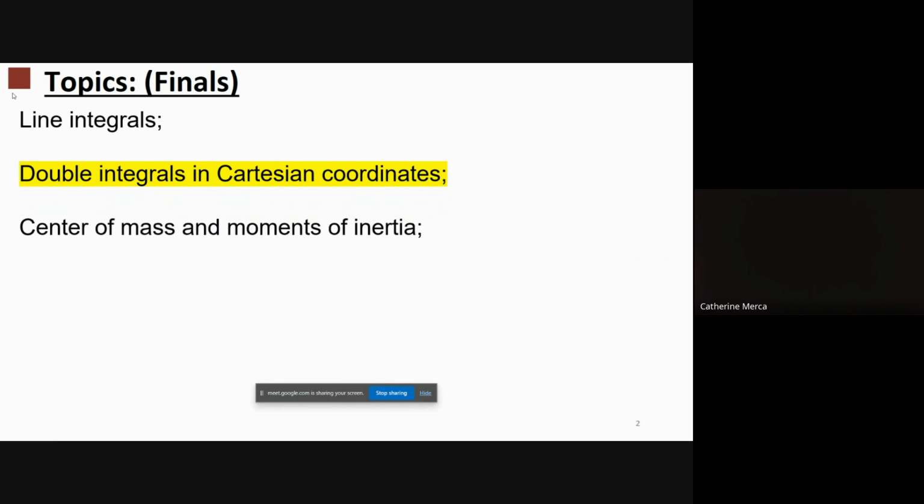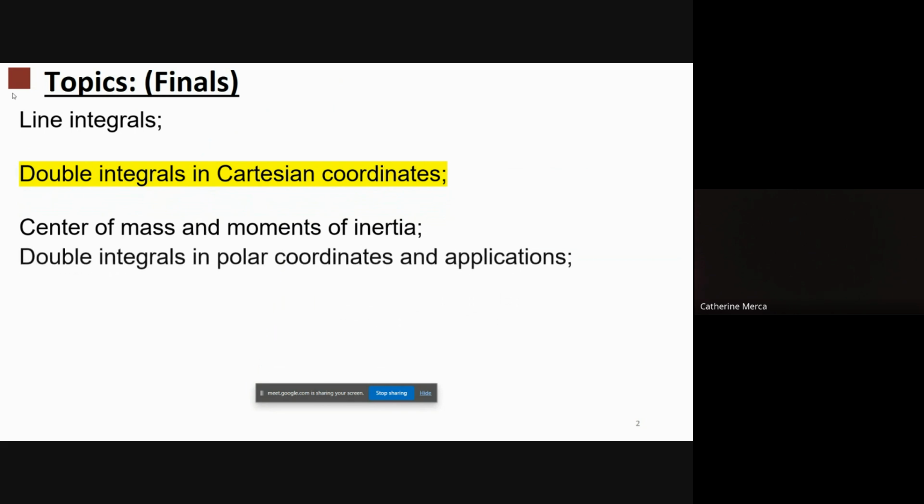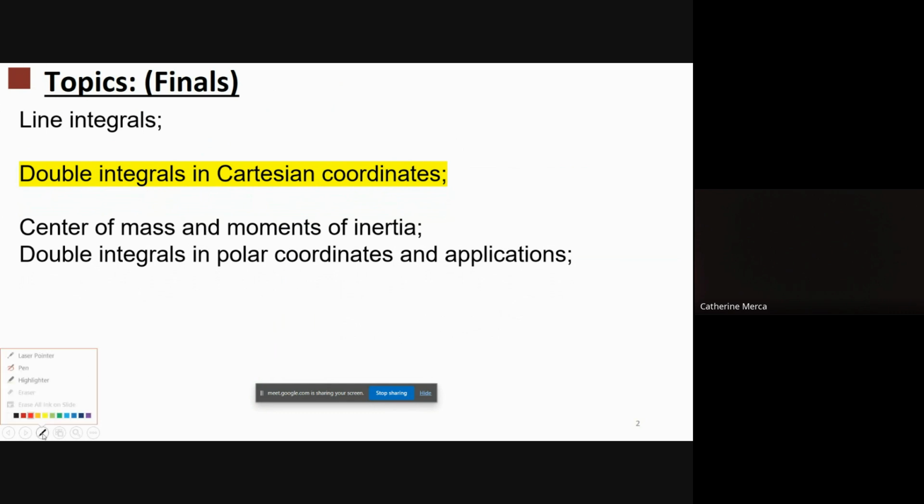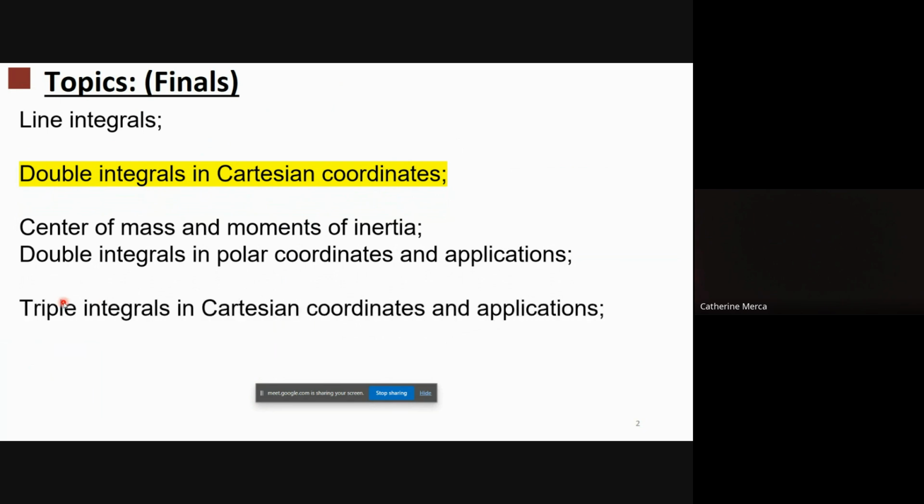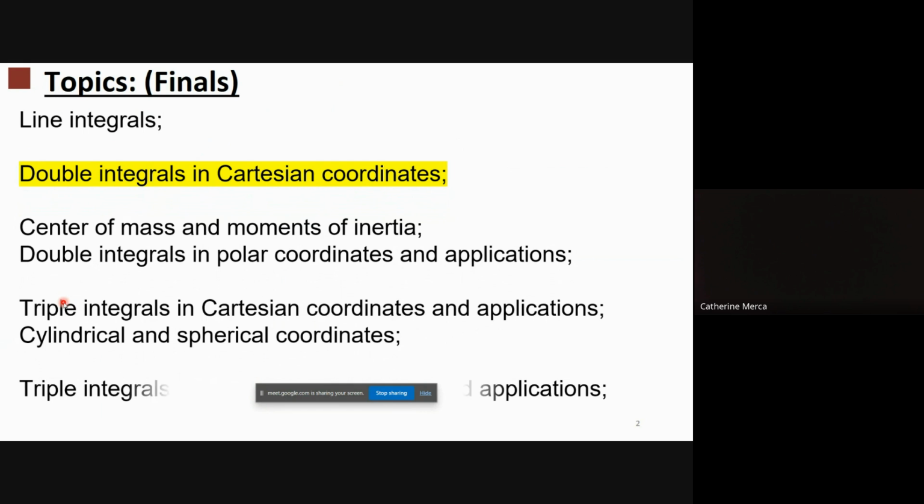Later on, we'll be discussing double integrals in polar coordinates and applications, since center of mass and moments of inertia is an optional topic. Then we will discuss triple integrals in Cartesian coordinates and applications, as well as cylindrical and spherical coordinates.